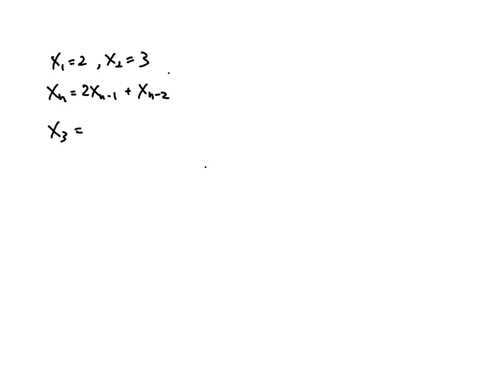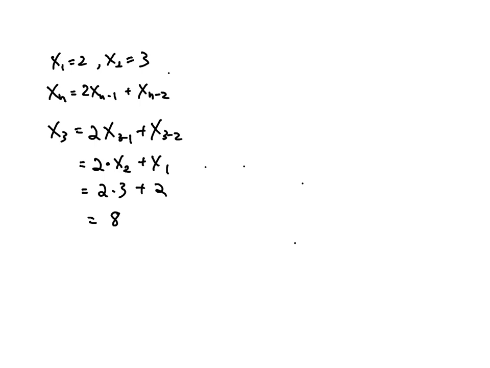So the third term means I need to take 2 times x sub 3 minus 1 plus x sub 3 minus 2, which means this is 2 times x sub 2 plus x sub 1. X sub 2 is 3, so 2 times 3 plus x sub 1, which is 2. So the answer is 2 times 3 is 6 plus 2 is 8.